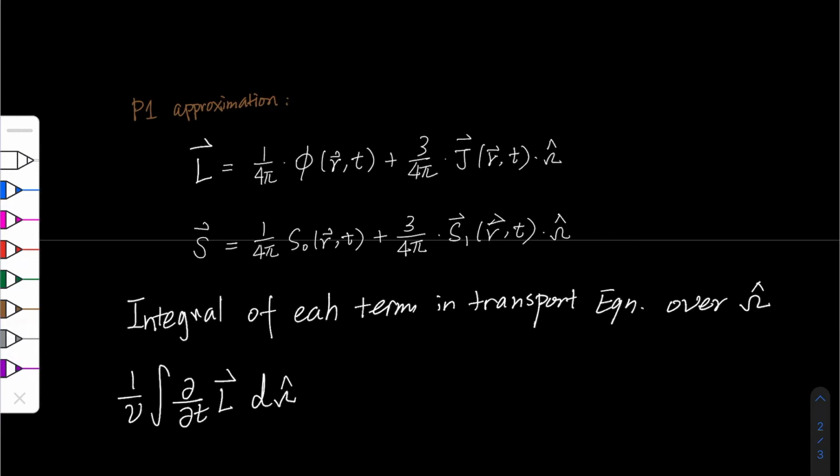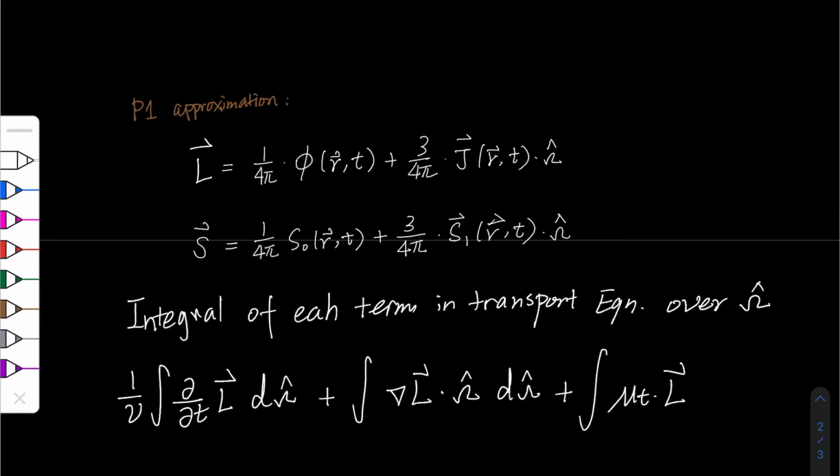The second term of the transport equation is the gradient of L times omega hat, and then we do the integral of this term over omega hat. The next term is mu t times L, and then we integrate this term over omega hat.